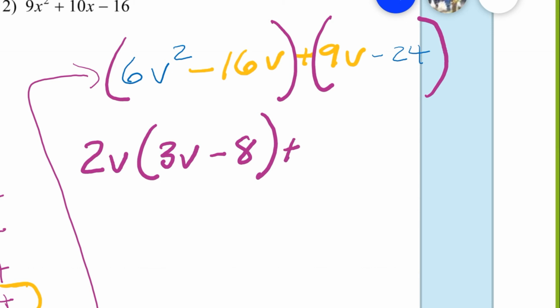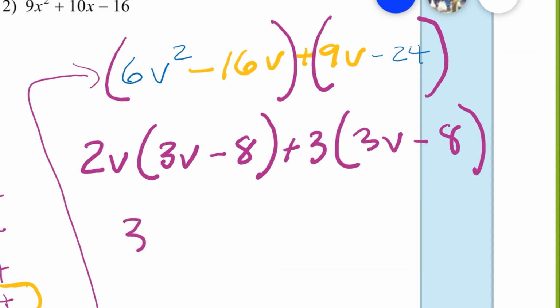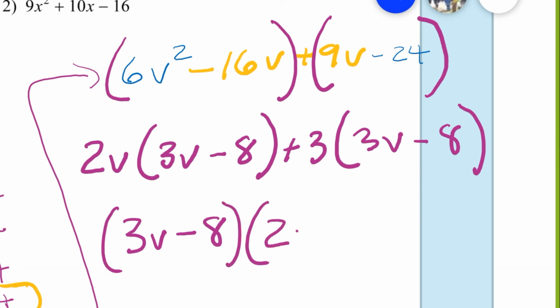We're going to take out a 3. Right? And then we're going to be left with 3v minus 8. And then we know that we will have 3v minus 8 in parentheses times 2v plus 3. Right? And those are our factors.